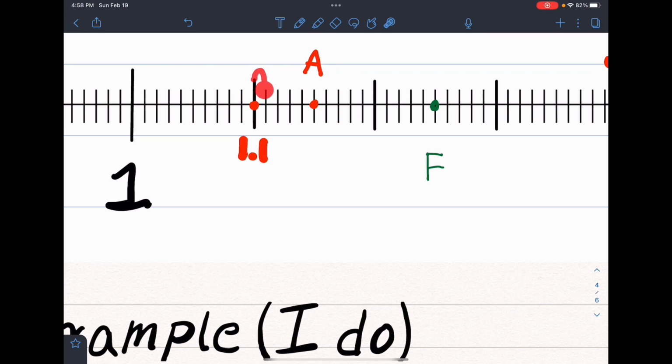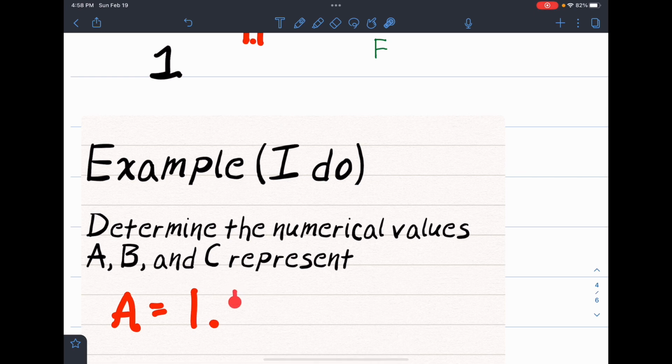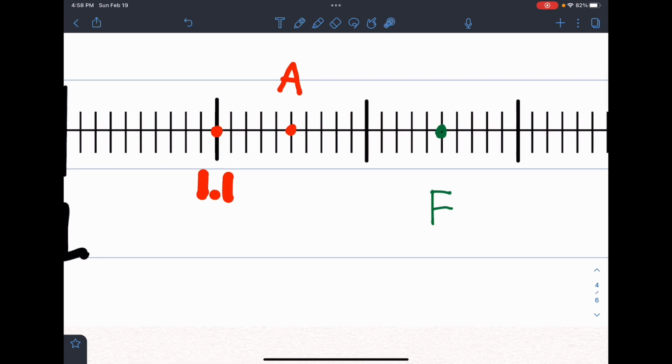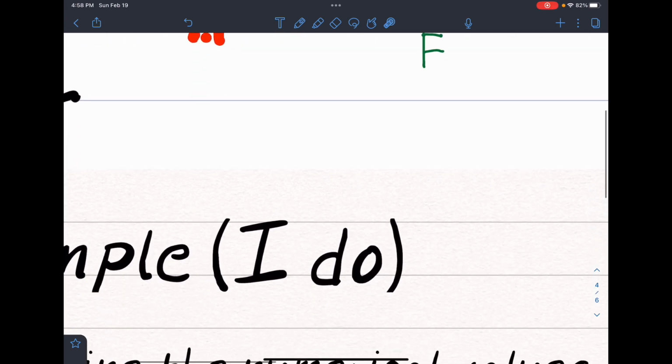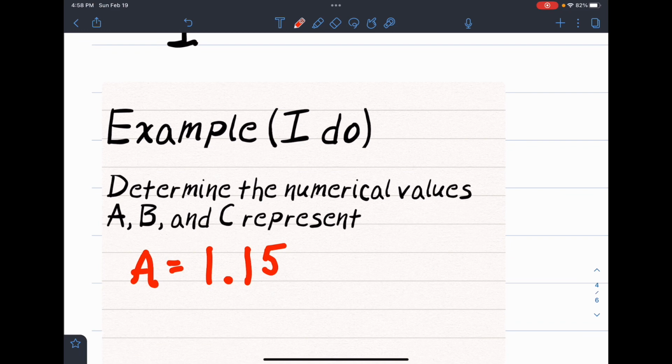Actually, maybe before we do that, let's go back here, and we know that there's at least 1/10 as a fractional part, but there's a little bit more. There are a few hundredths here. So let's count how many hundredths there are from 1/10. There's 1, 2, 3, 4, 5. So we have to tack on 5 more 1/100ths. And let's just write that here: 5. So the point A is the number 1.15.